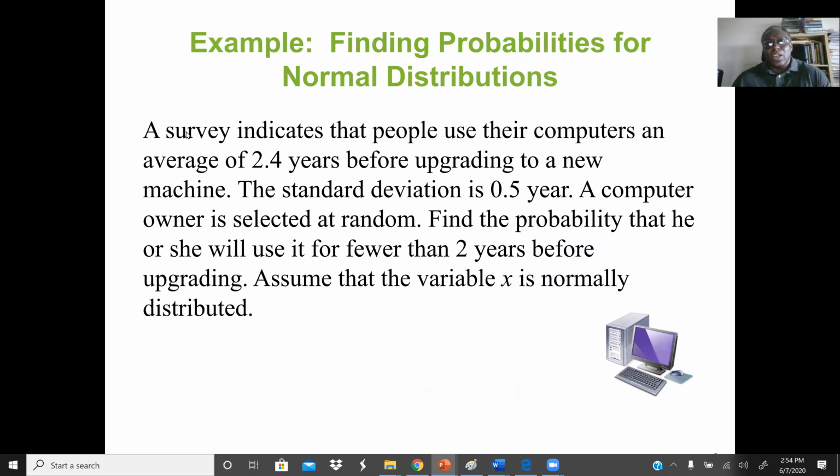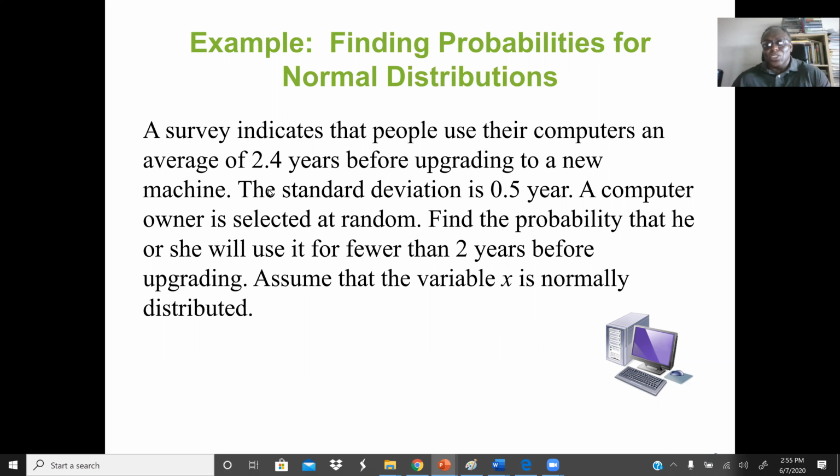So let's try this example. A survey indicates that people use their computers an average of 2.4 years before upgrading to a new machine. So based on a survey taken, we found that the average person spent 2.4 years using a computer before upgrading to a new machine.